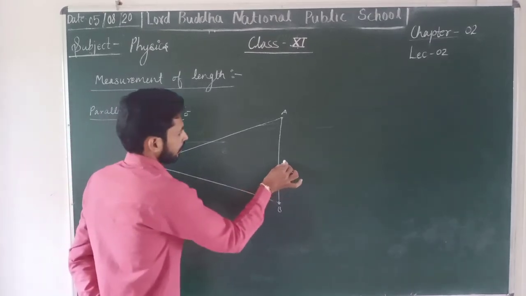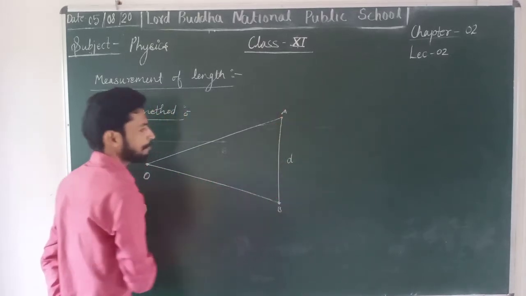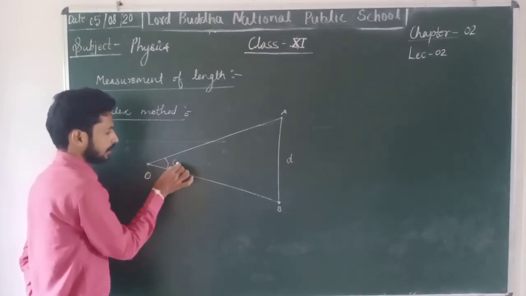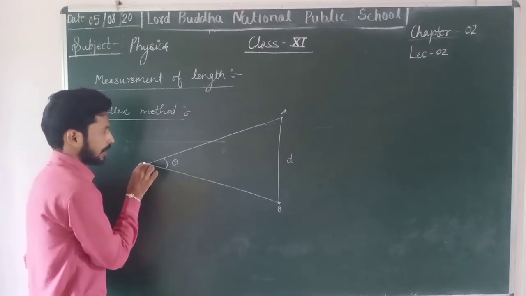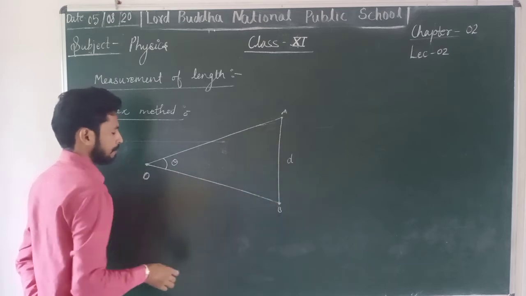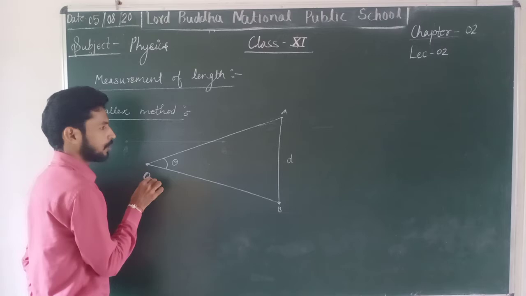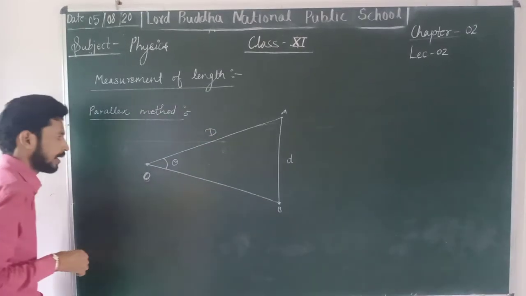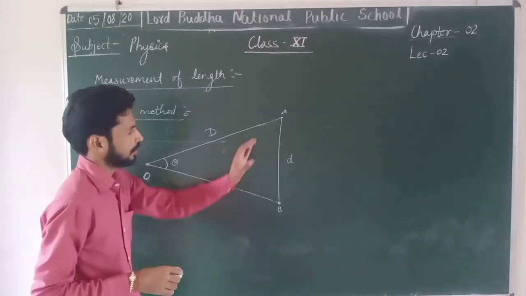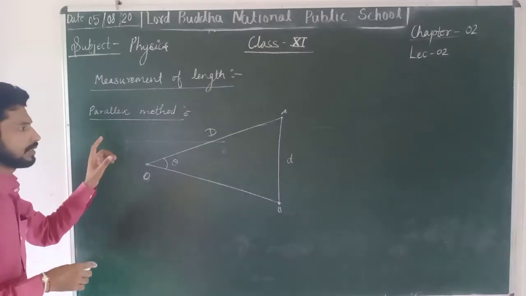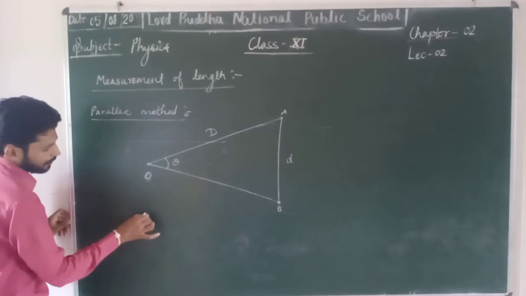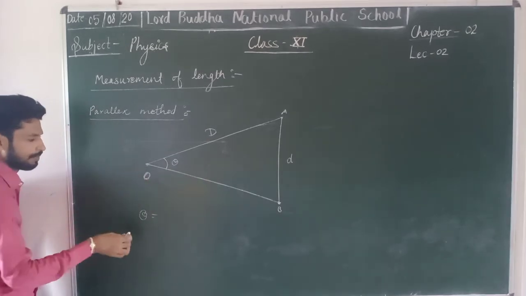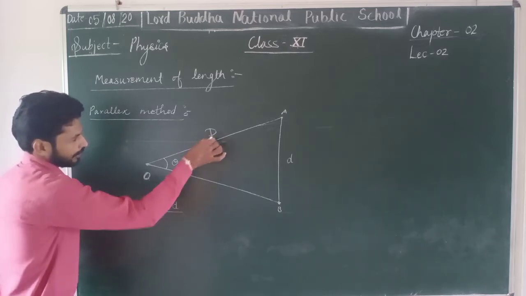Suppose the distance between A and B is small d, the angle between A and B at the observatory point O is theta, and the distance from observatory point O to A is capital D. Then theta equals arc upon the distance D.